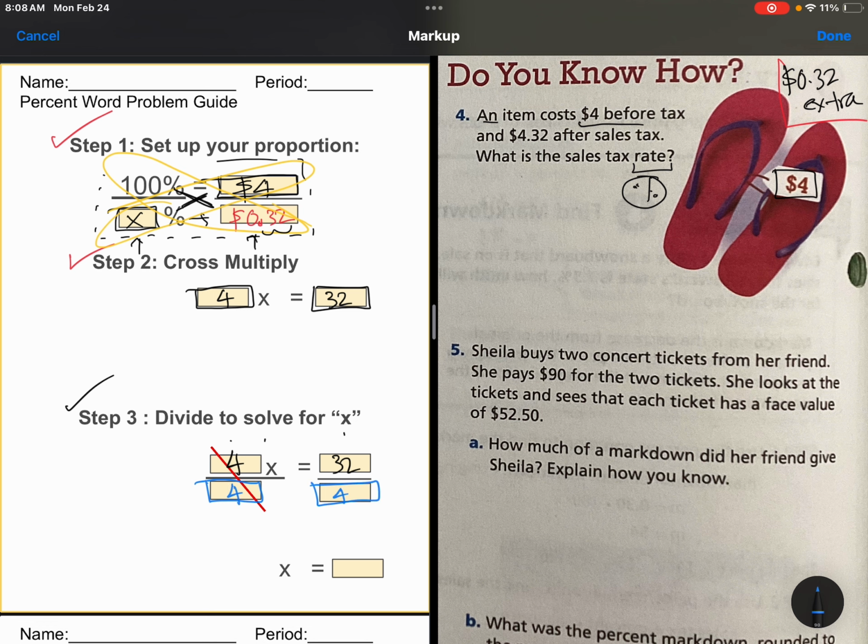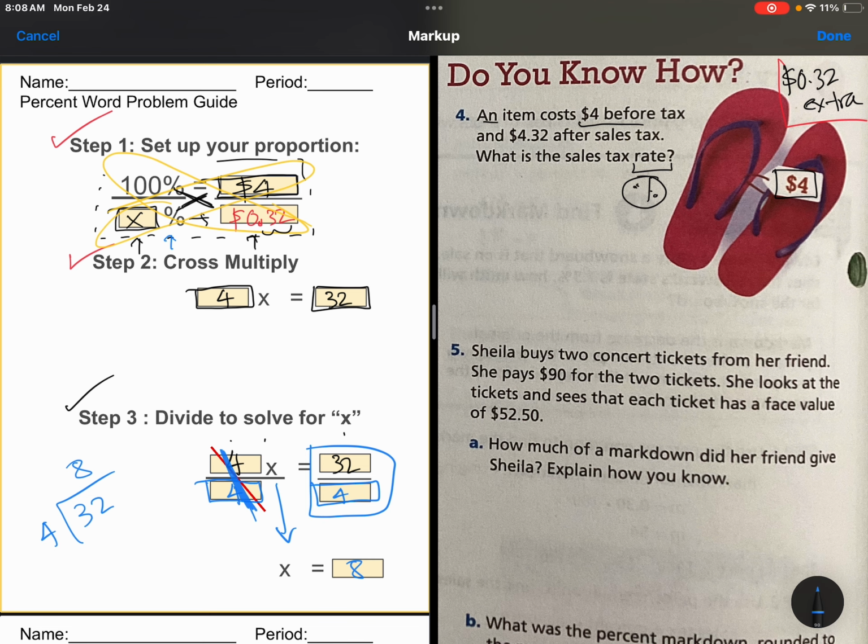Okay, that way these two numbers cancel. Okay, they cancel. And the x by itself now. All we're going to do is divide 32 by 4 over here. Okay, 32 by 4, which is a number that you should know. Equals? Yes, it is 8. Yeah, 4 times 8 equals 32. So 8 is my answer for x.